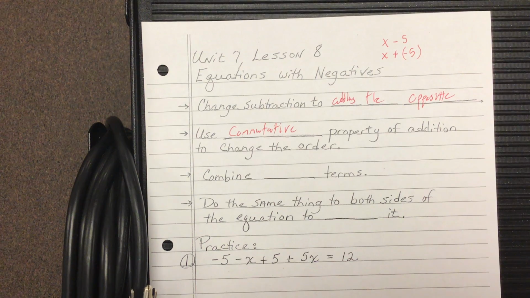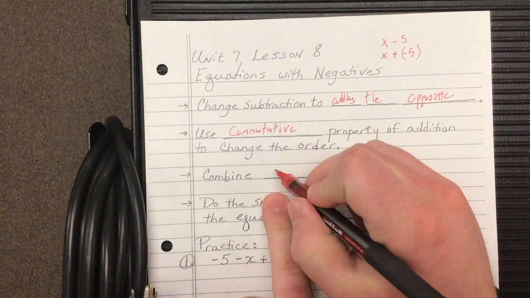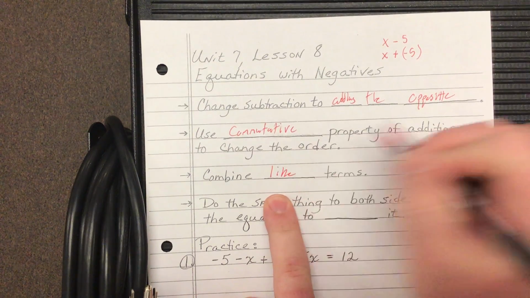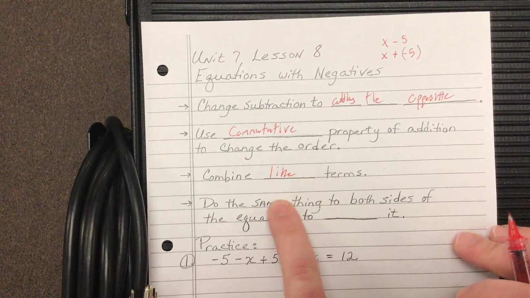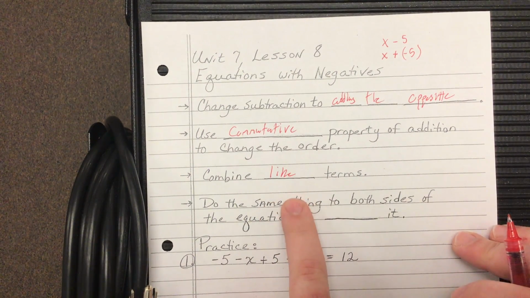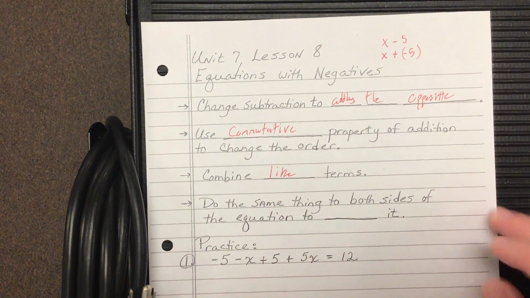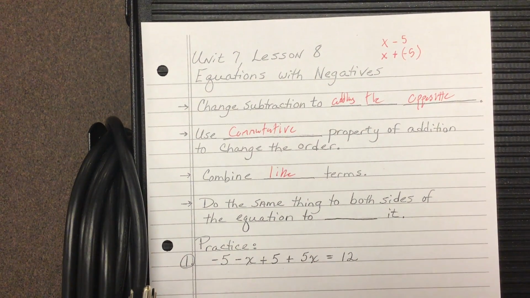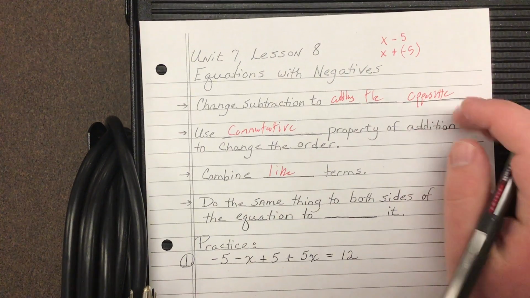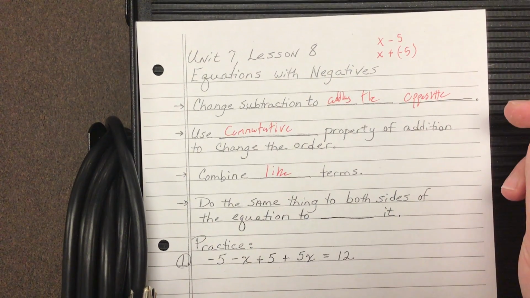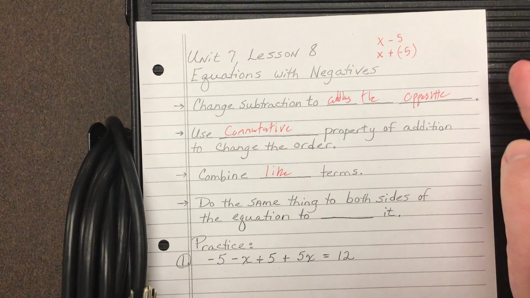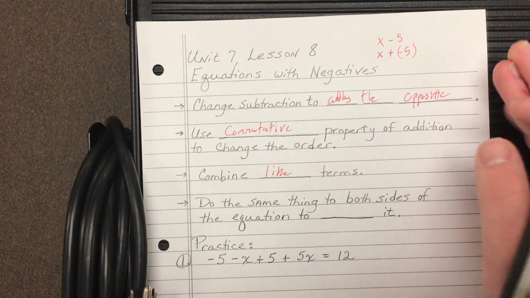Combine like terms. x and x can go together, a number and a number. But remember, we can't combine an x and a number. If we have 4x plus 2, we can't combine those. Those aren't like terms.